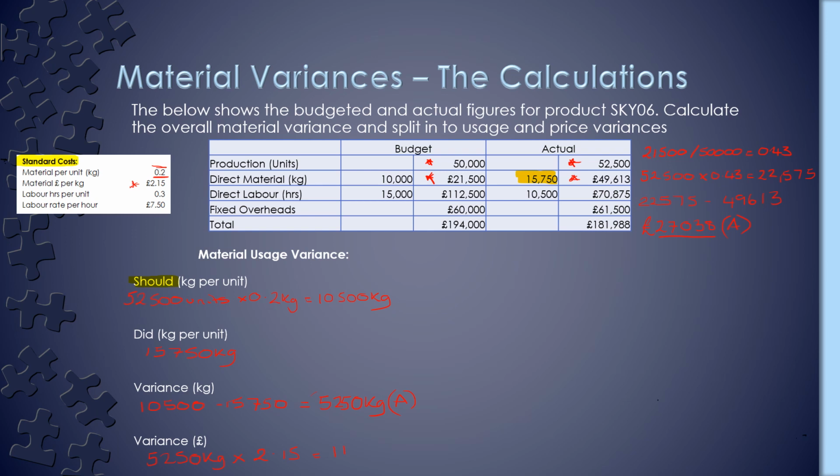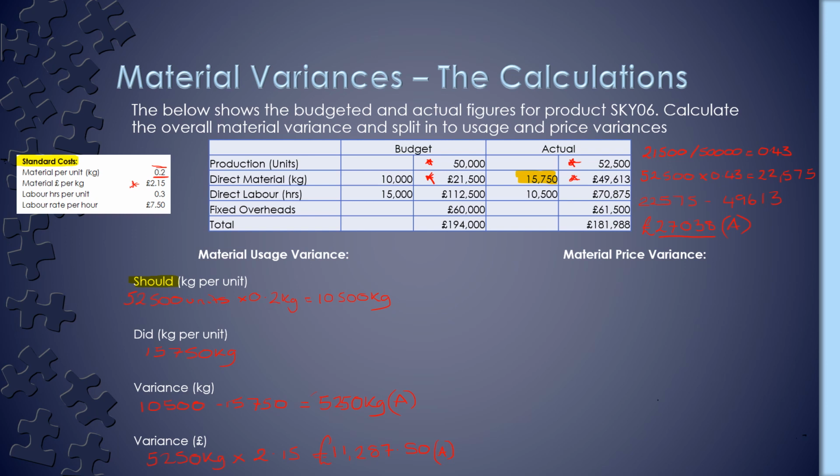So that gives us a variance of £11,287.50 adverse. So that's the first part of our material variance.